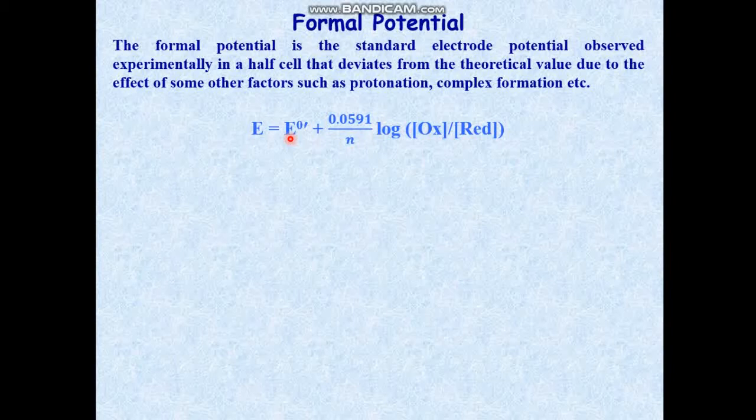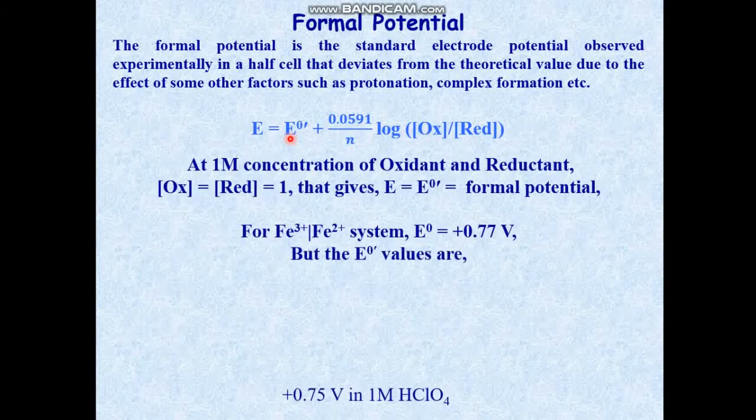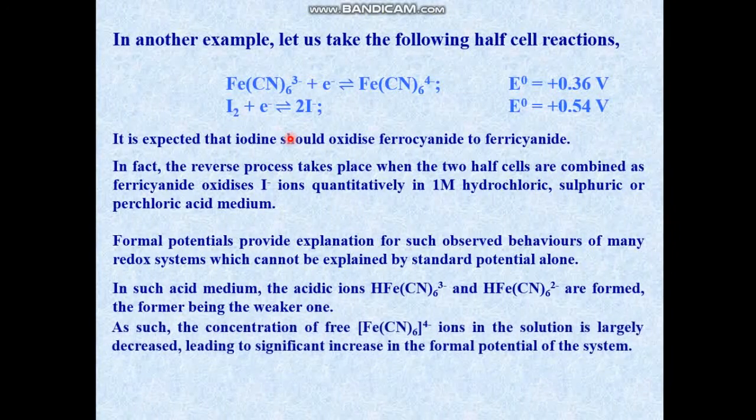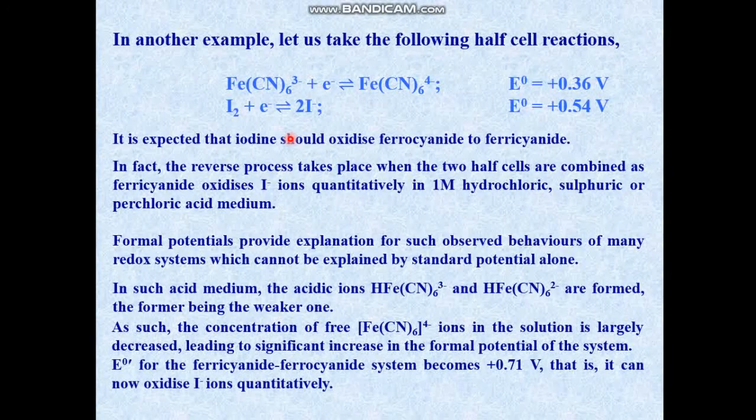So it is very clear that in this case, where the protonation of the ions is taking place, the E0 value is increasing. In the previous example, what we found? We found that the E0 value was decreasing, but here the E0 value is increasing. So we have just theoretically explained this phenomenon.